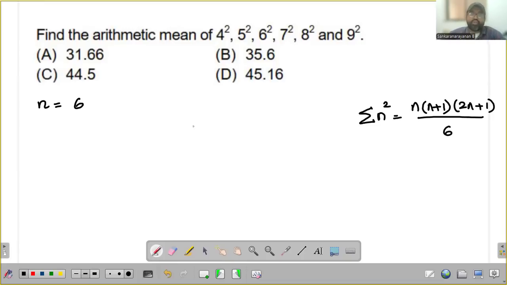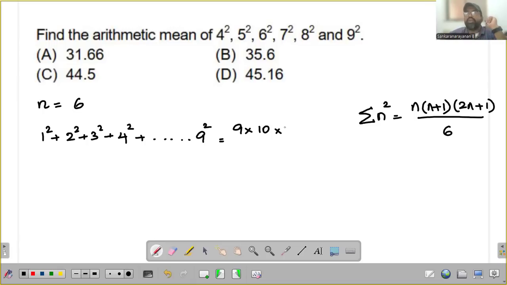So what you are going to do here is find what is 1 square plus 2 square plus 3 square plus 4 square plus etc. up to 9 square. That is the sum of squares of first 9 natural numbers. That will be 9 into 9 plus 1, 10, into 2 into 9, 18, 18 plus 1, 19, whole divided by 6.